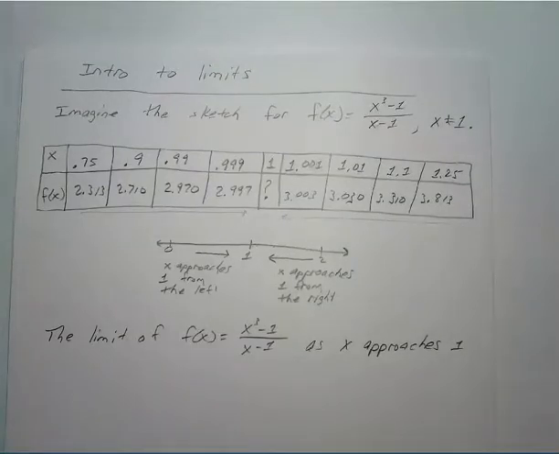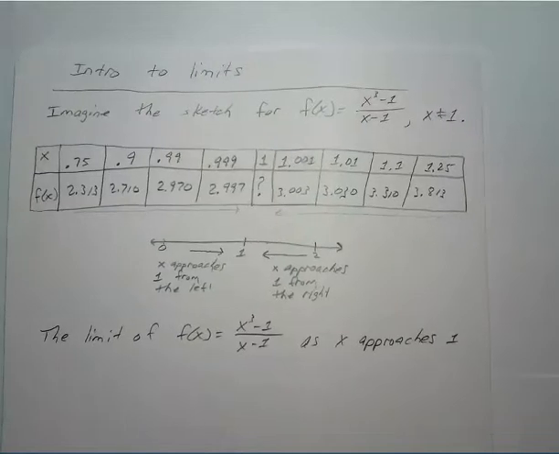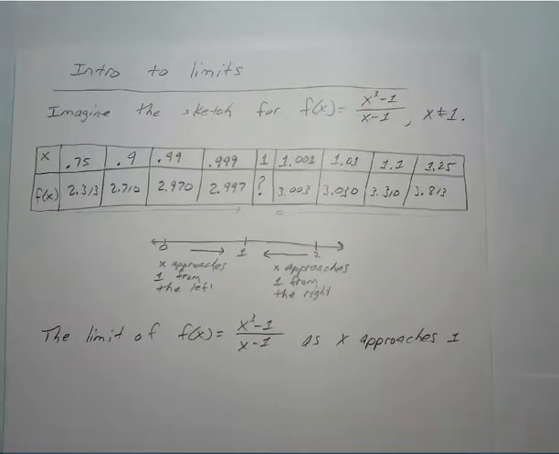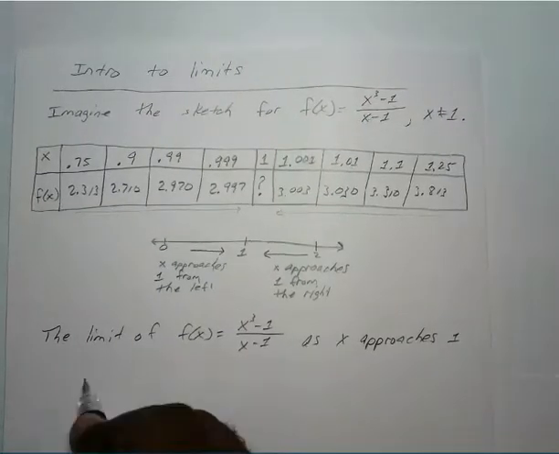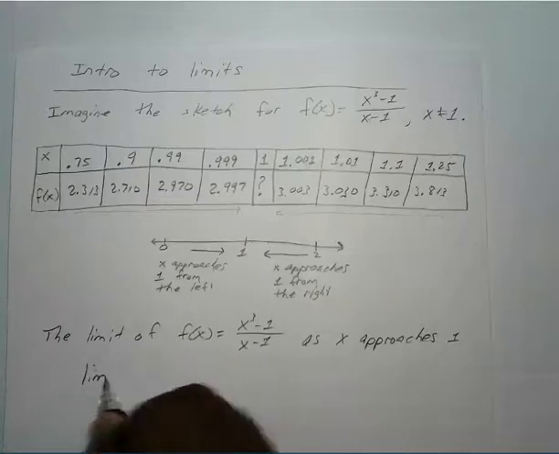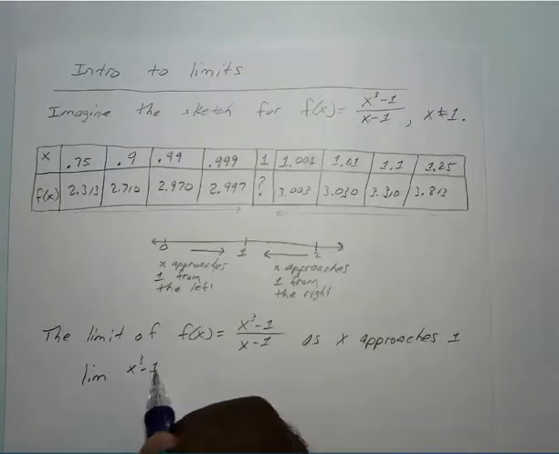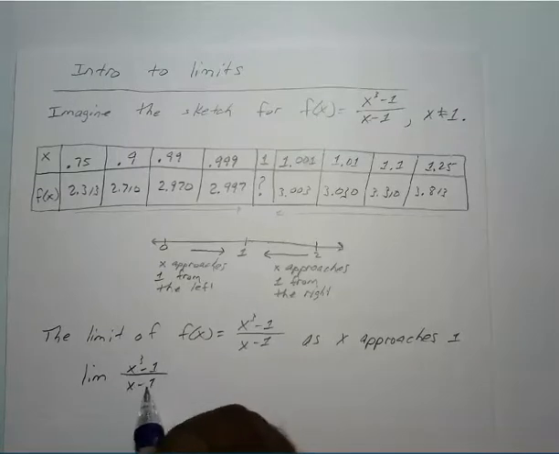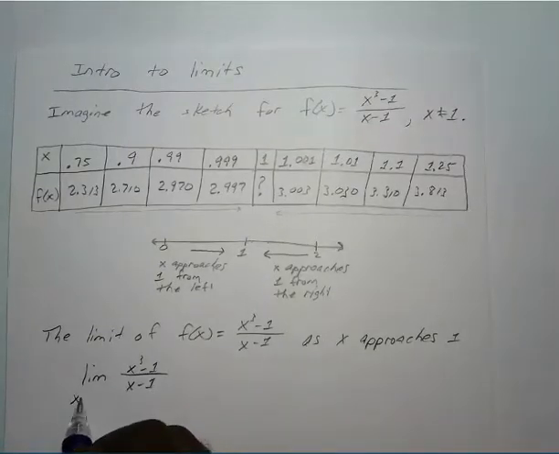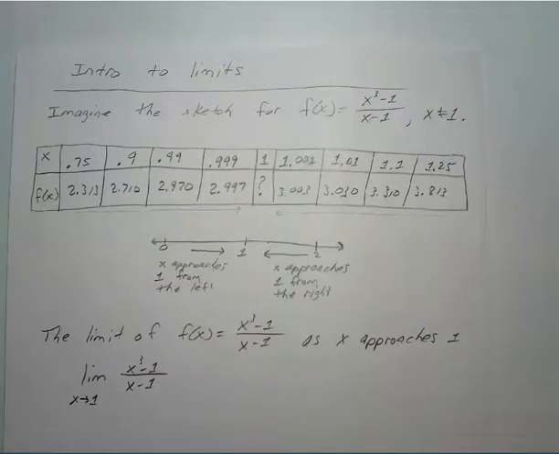That has its own terminology, where you have the limit of x to the third minus 1 over x minus 1 as x approaches 1. That x approaches 1 is just this down here.